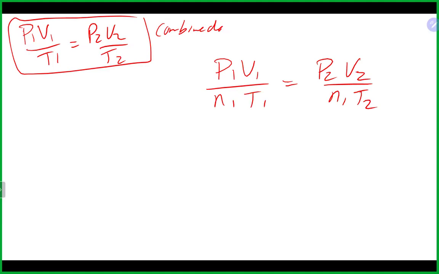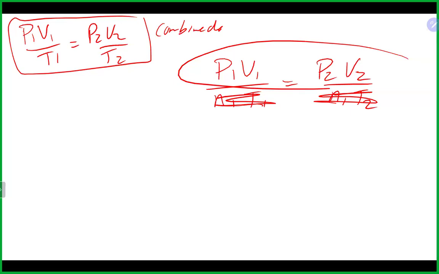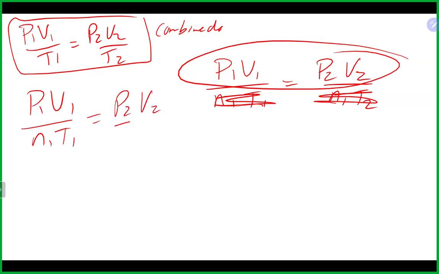So for example, if we had no moles given to us or temperature, we scratch it out and now we have Boyle's law. Again, you could basically do that for anything that is constant, not given to you in a problem. You could just remember this equation and you could get them all, including the ideal gas law.